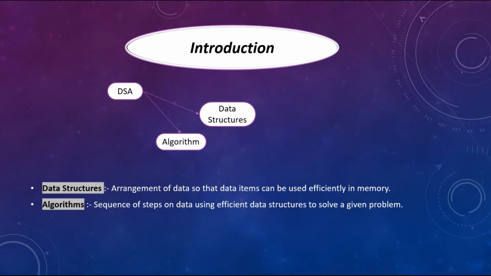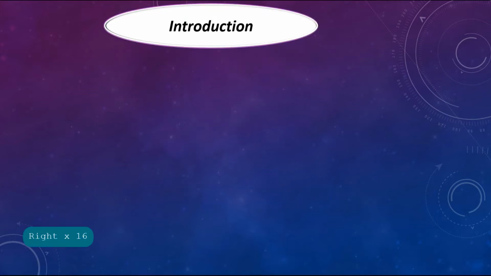And an algorithm is a sequence of steps for doing a work on a program or storing data, using the data efficiently. The sequence of steps of using a data structure to solve a problem is an algorithm.